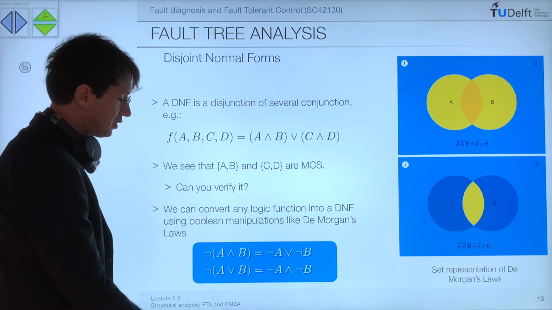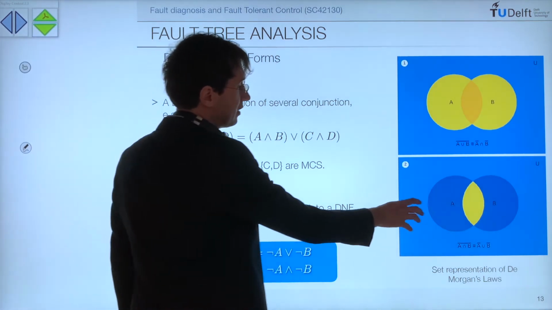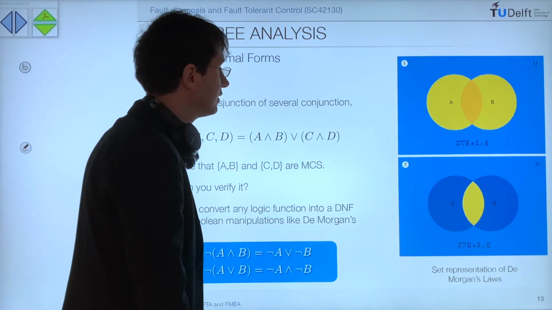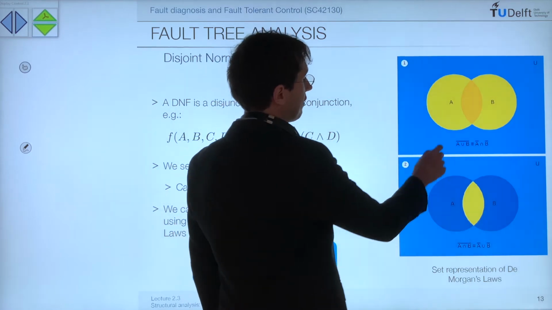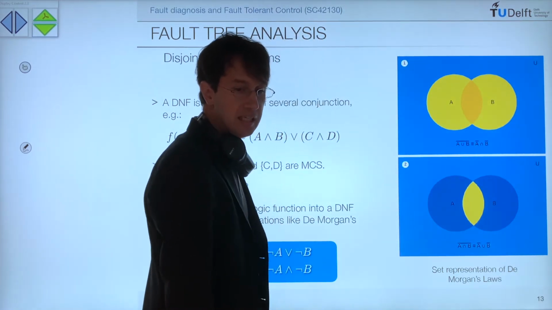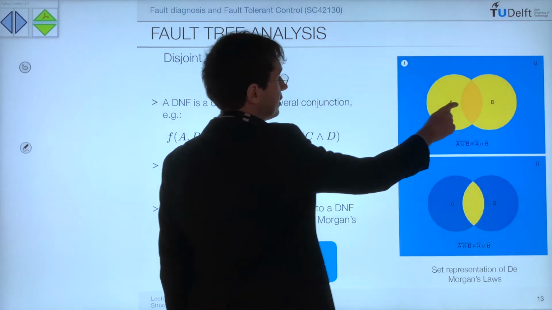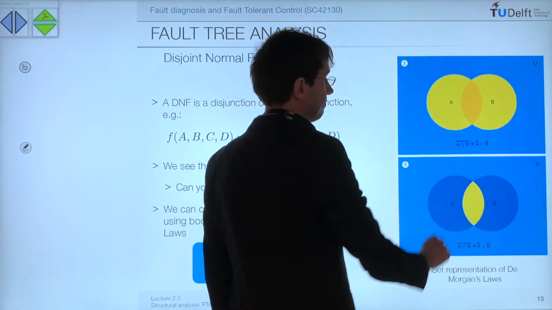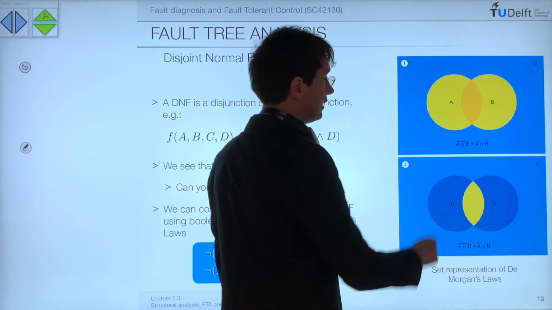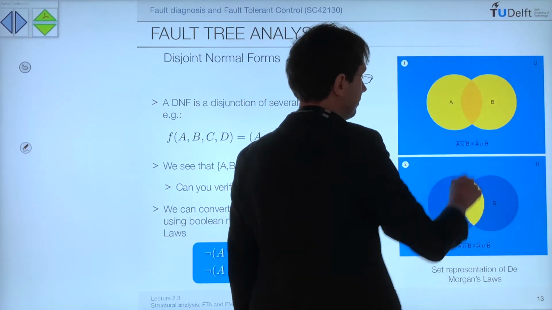You can also visualize these from a set point of view. Maybe this is more intuitive. So if you have sets A and B, the AND of A and B is represented by the intersection here. And the OR is represented by the union.